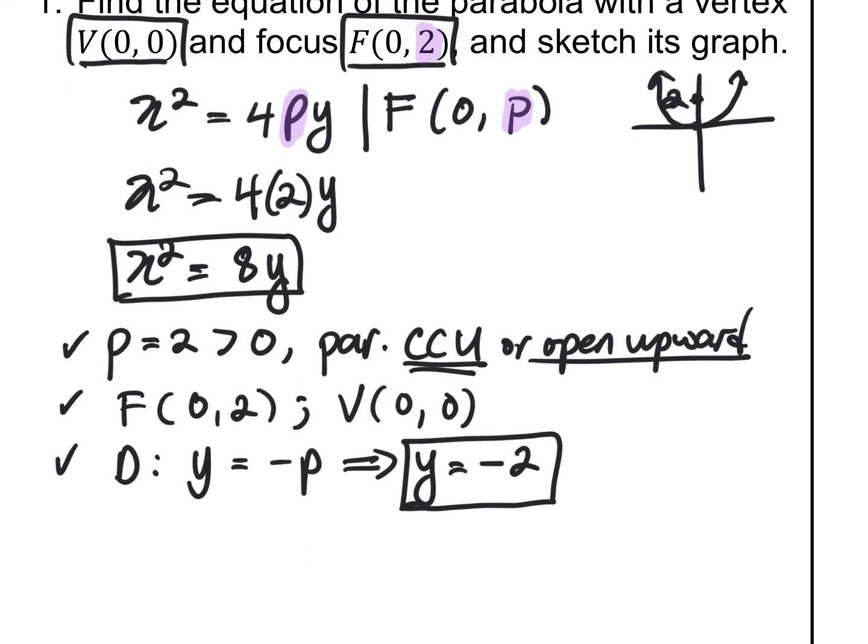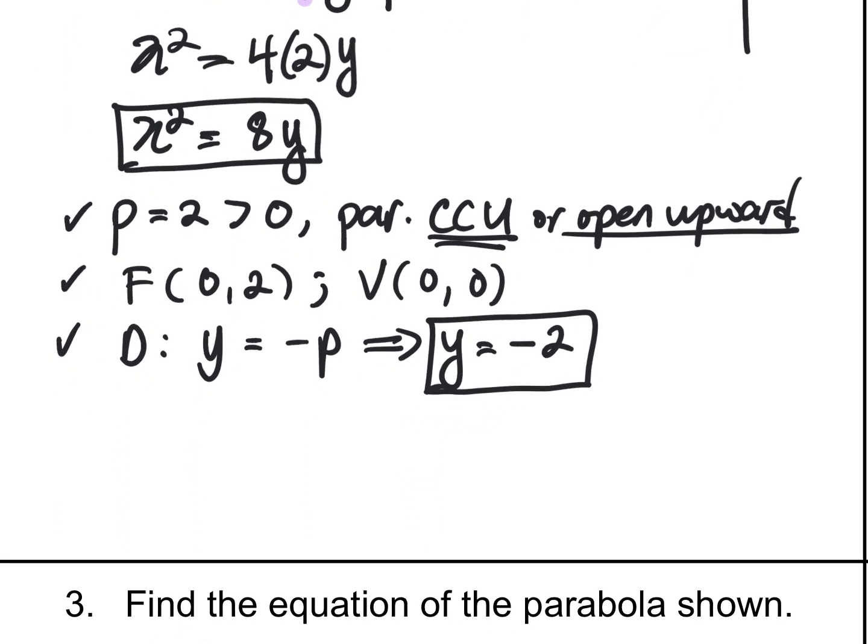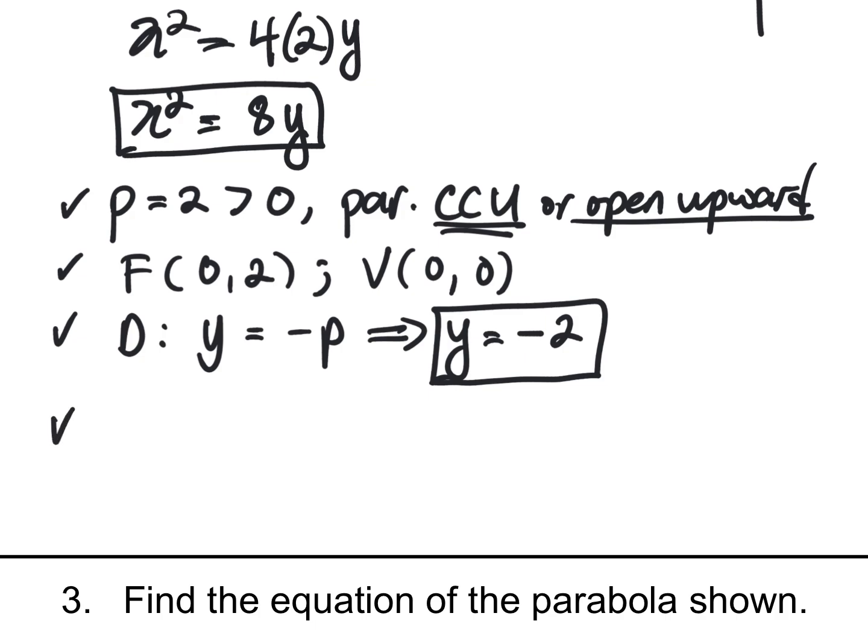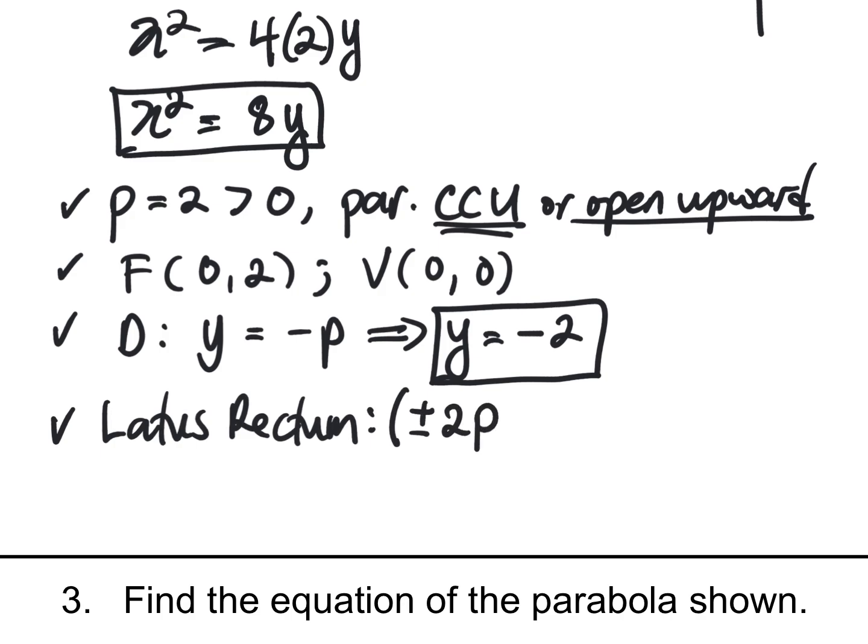Now there is one thing that I would like to teach you here. It's called the latus rectum. The latus rectum is going to determine how wide your parabola is going to be. In order for you to understand this, the coordinates for your latus rectum are going to be plus or minus 2p, p.